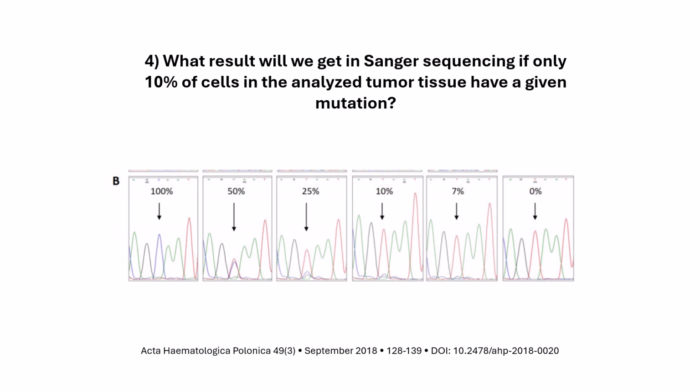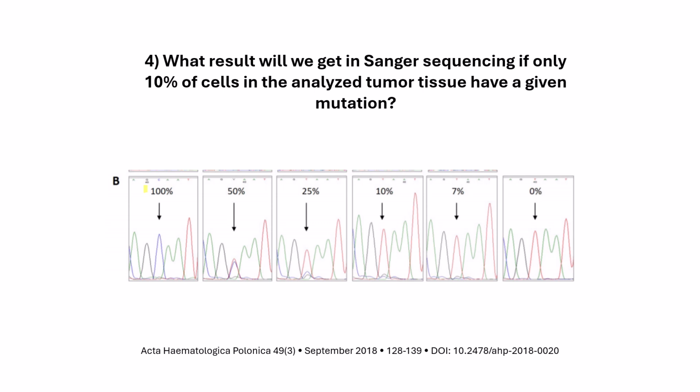And the last question: what result will we get in Sanger sequencing if only 10% of cells in the analyzed tissue, tumor tissue for instance, have a given mutation? Let's go from left to right. Here we have 100% cells, they are all the same, and we have only one signal in a particular position. Then we have the heterozygotes, so there are two signals, and we can see two peaks at the same position.